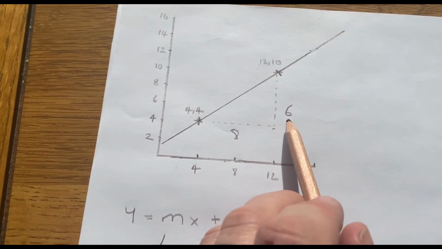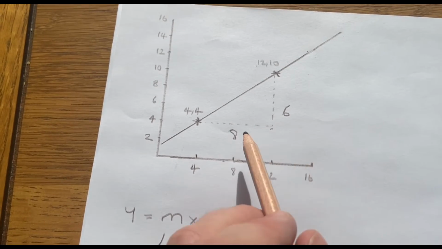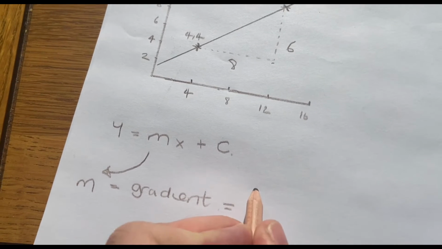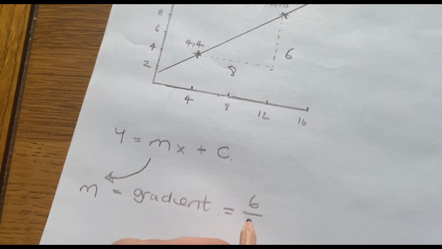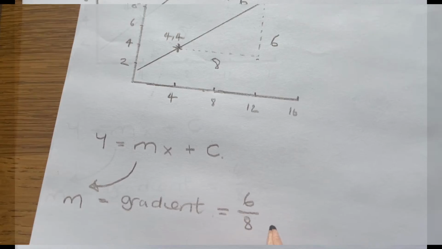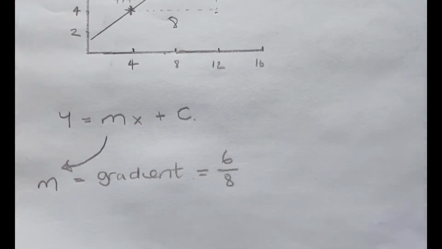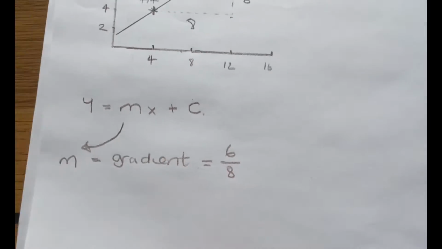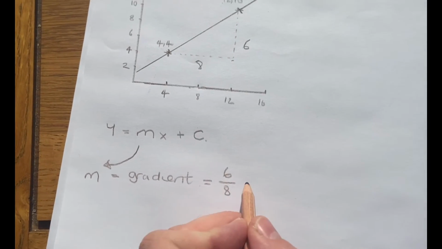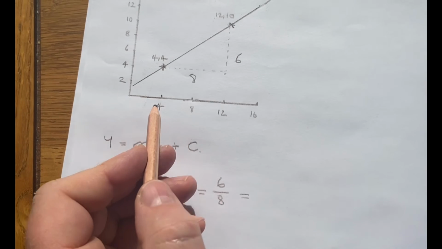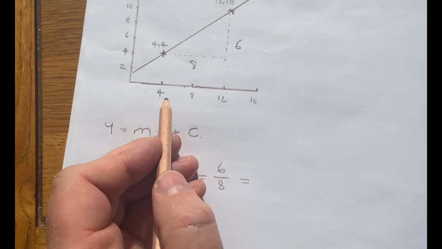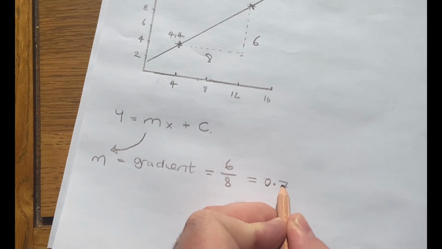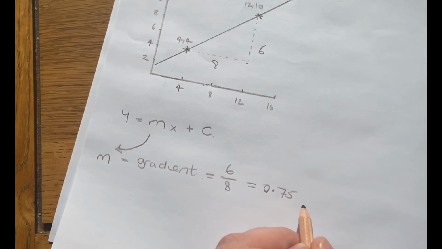Therefore the increase is calculated by 6 divided by 8. So a gradient of 6 over 8 means that for every one movement on the x-axis, the gradient is increased by a value of 0.75.